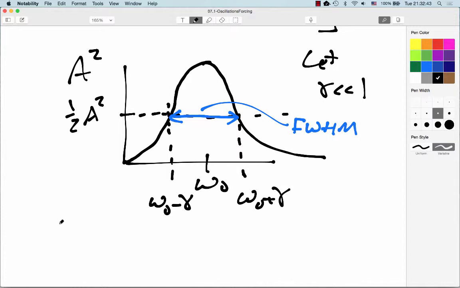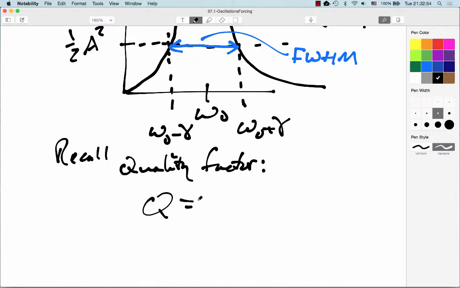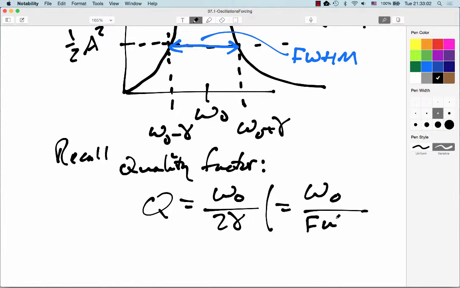If we recall the quality factor, Q, we found that was equal to omega naught over 2 gamma. We can say that that's the same thing as omega naught over the full width half max.